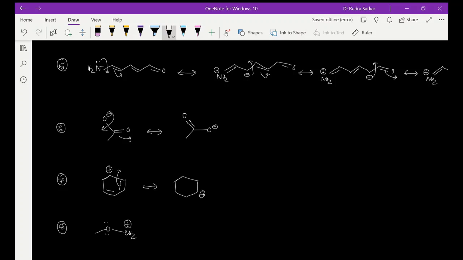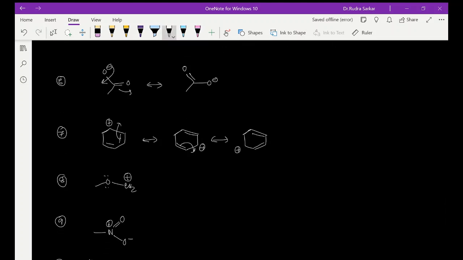For that, a positive charge will be created here. Again, the pi bond moves towards the positive charge. Hence, these are the following resonating structures that we will get.